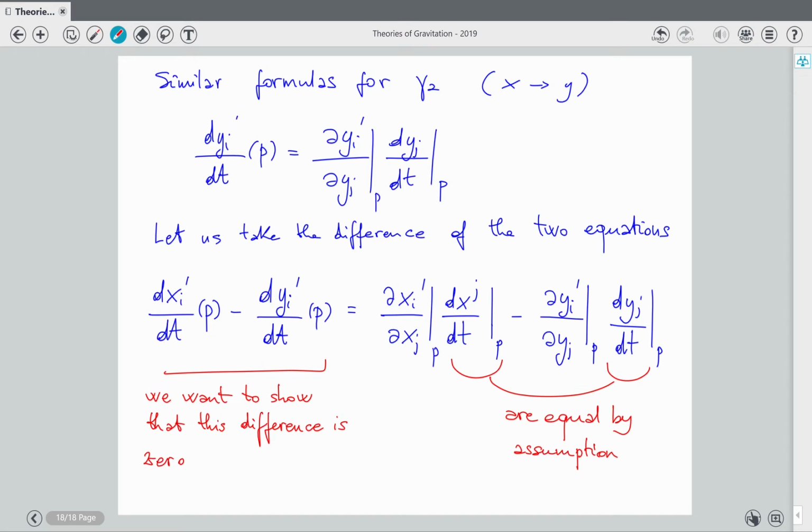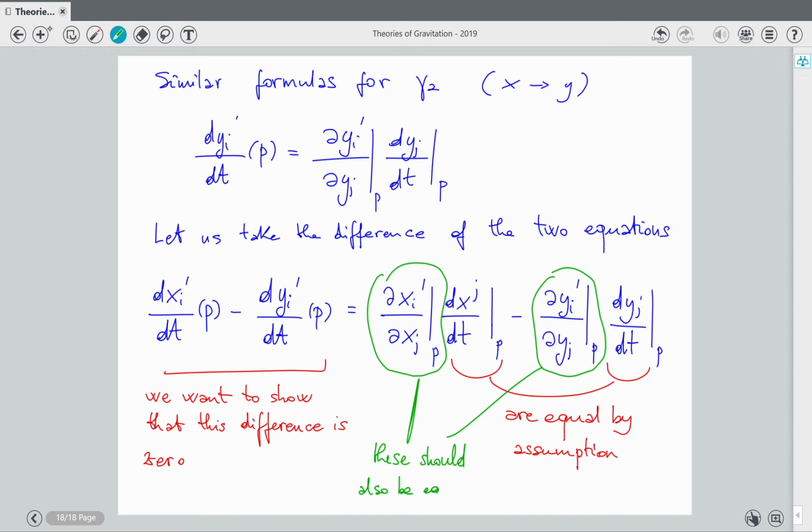So to show that this difference is 0, it is sufficient to show that the Jacobian here and the Jacobian there are equal. But these are equal, because as I stressed before, x and y are just different names, but in the same coordinate system.